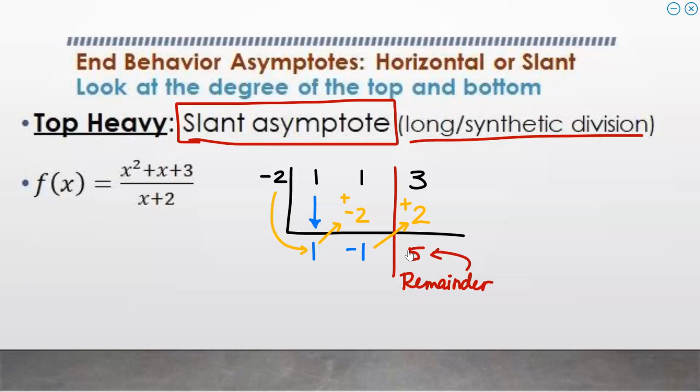So what will that be here? X equals -2. All right, I'm going to go ahead and put that on my graph also. So x = -2, right here is my vertical asymptote.